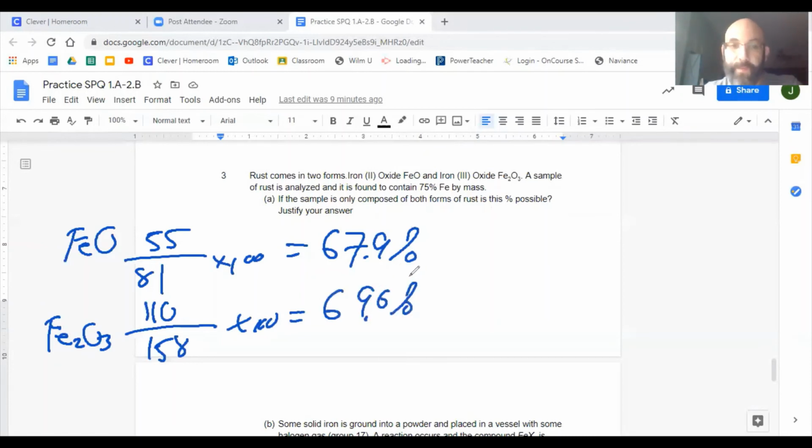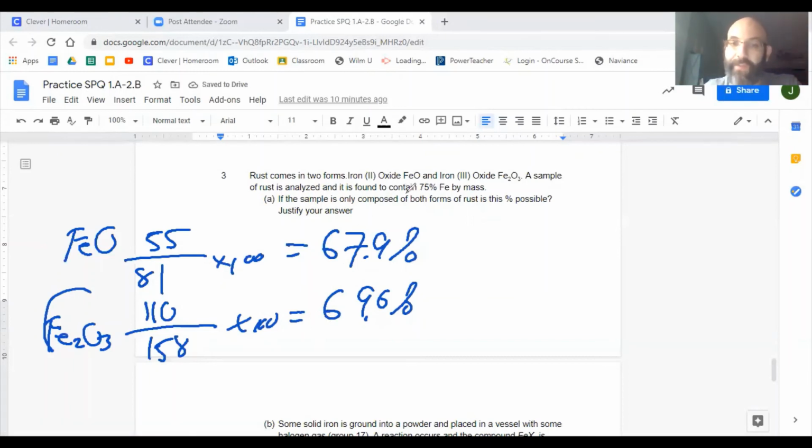Okay, so even if the sample only contained iron 3 oxide, Fe2O3, like it was 99.999999999% this one, it still can only have a max percent mass of iron of 69.6%.